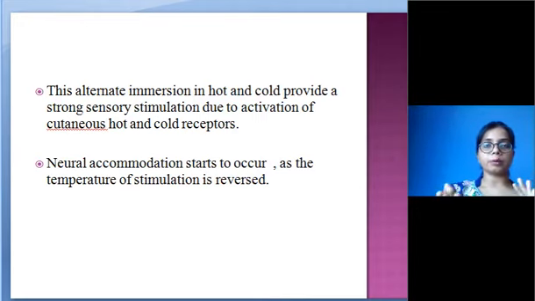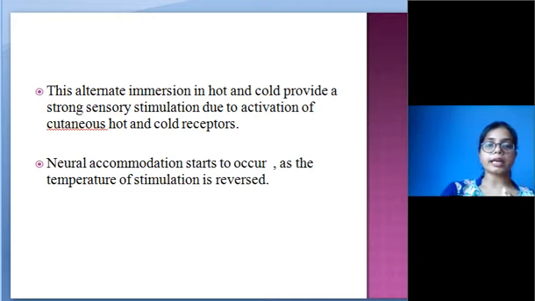Whenever we provide any external sensory stimuli, there is activation of cutaneous receptors. Whenever we are immersing the part in the hot water, it will activate cutaneous hot receptors, and whenever we are immersing the part in the cold water, it will activate cutaneous cold receptors.